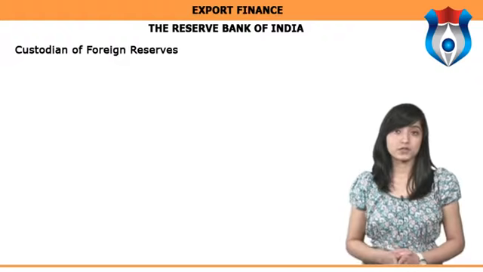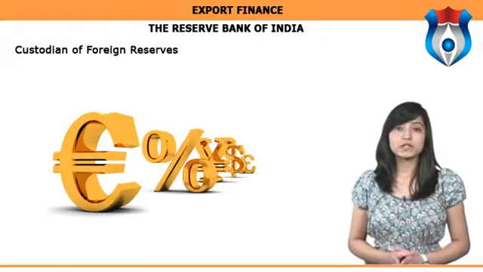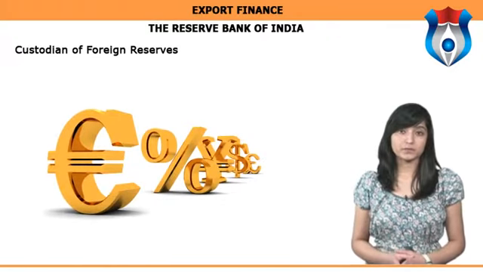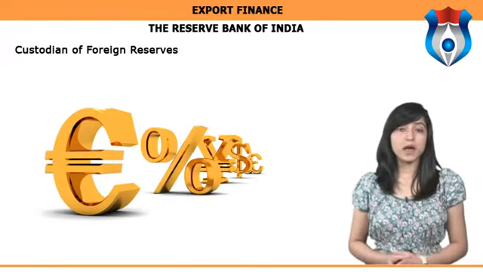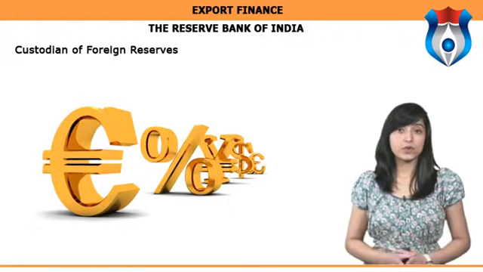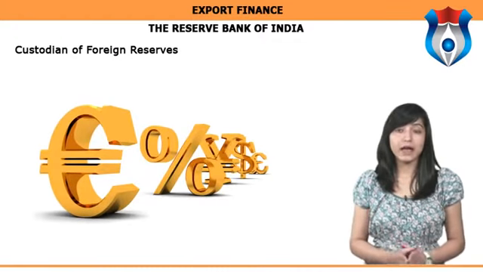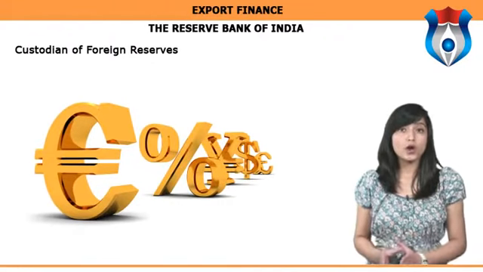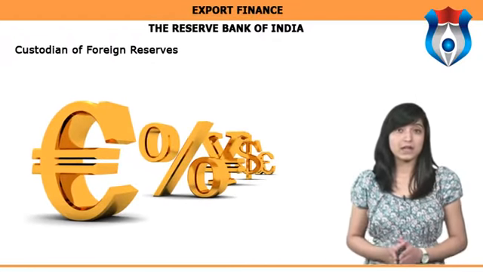Custodian of foreign reserves. The Reserve Bank of India has the responsibility to maintain the official rate of exchange. According to the Reserve Bank of India Act 1934, the bank was required to buy and sell at fixed rates any amount of sterling in lots of not less than INR 10,000.